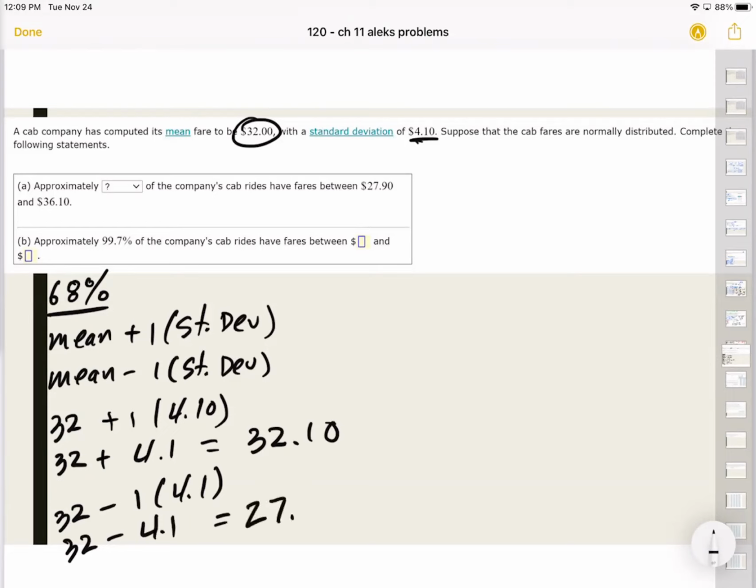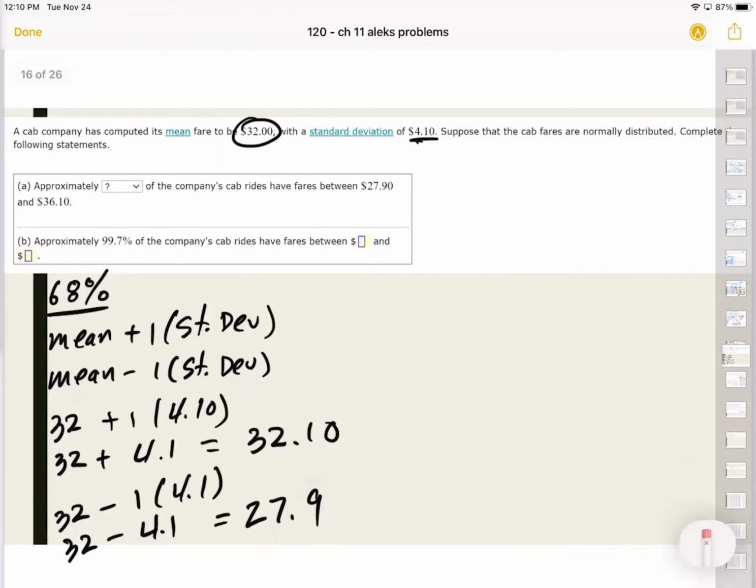27.9, right? 27.9. Yes, that's right. This one is 36, sorry.